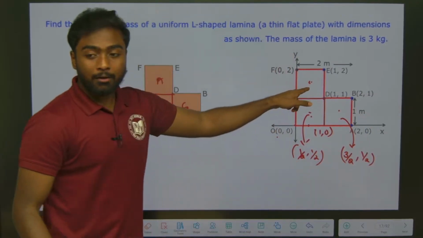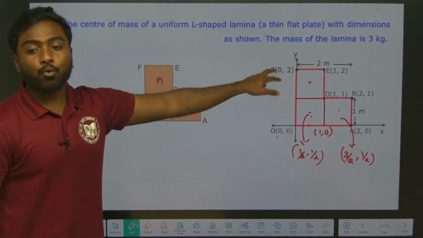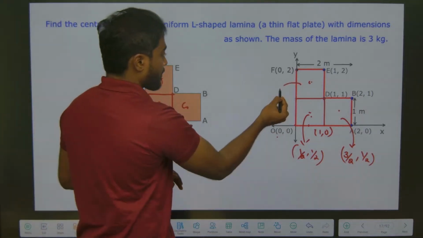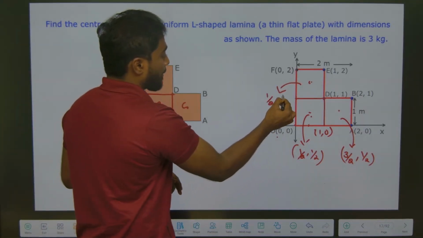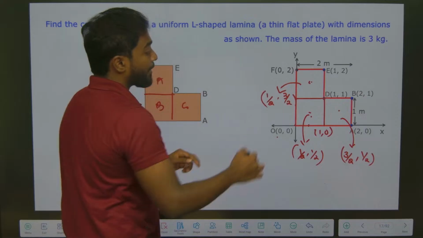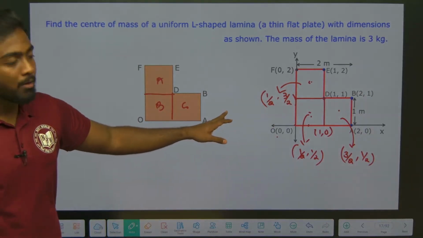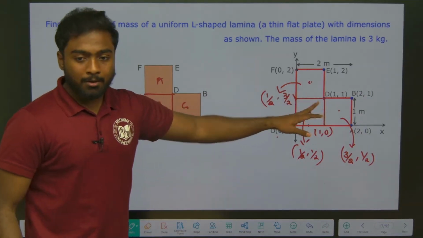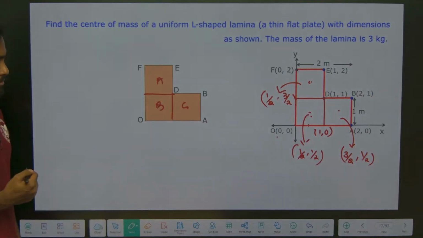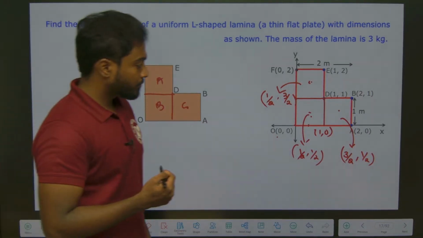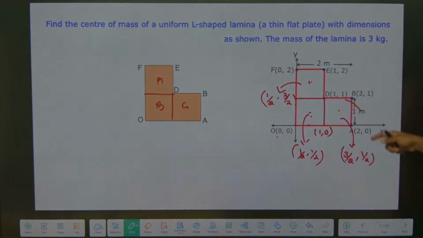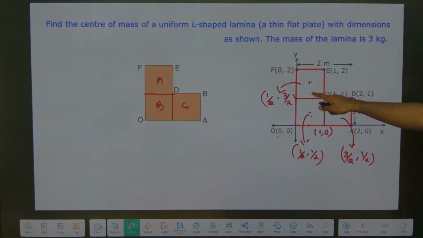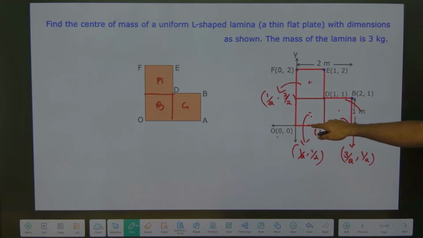For the other one, it is 1 by 2, 3 by 2. These are my points, and now we know the masses also.